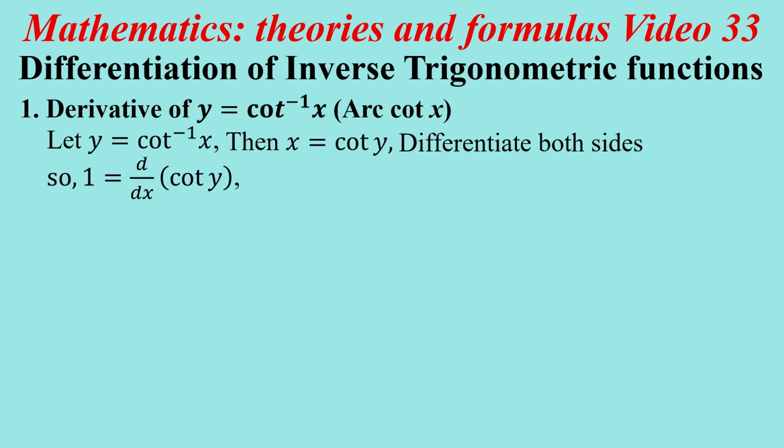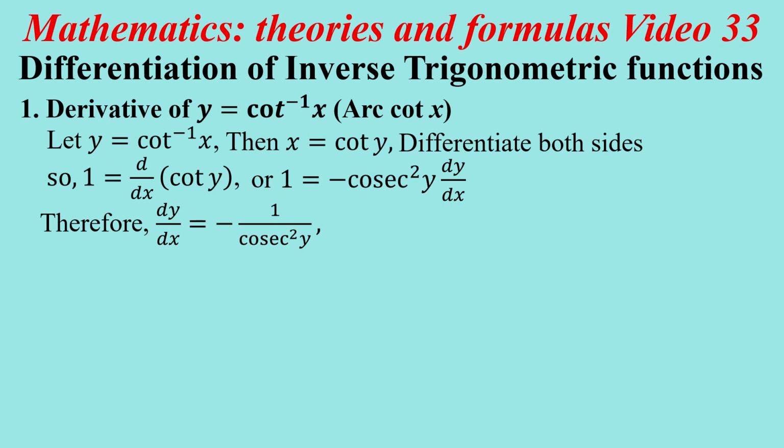While differentiating both sides, the differential of x is 1 and the differential of cot y is equal to minus cosec square y dy by dx. So we get 1 equals minus cosec square y dy by dx. So dy by dx will be equal to minus 1 by cosec square y.